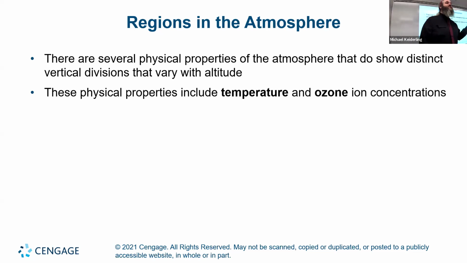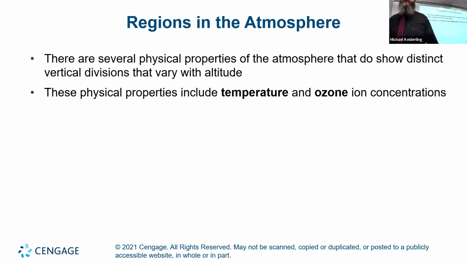If you start at the ground, as you go up, it gets colder. But there's eventually a height where that reverses. It starts to warm as you go up, and then it reverses again and cools again, and then finally it reverses again and warms again.